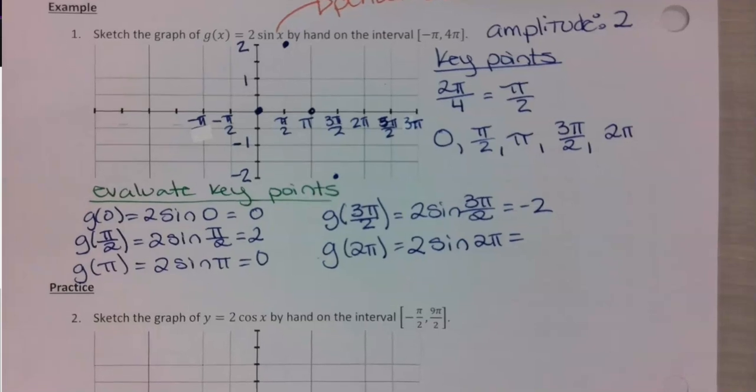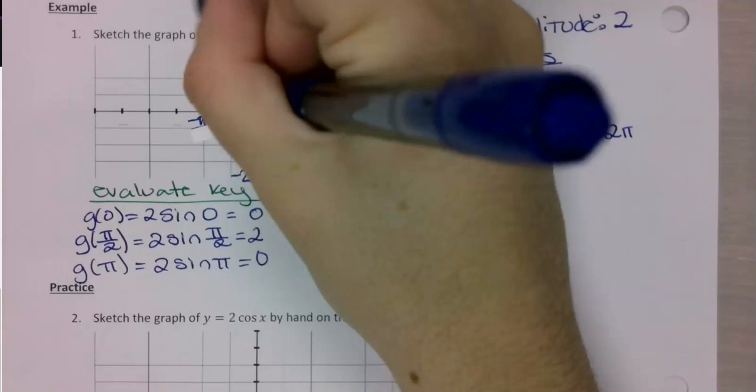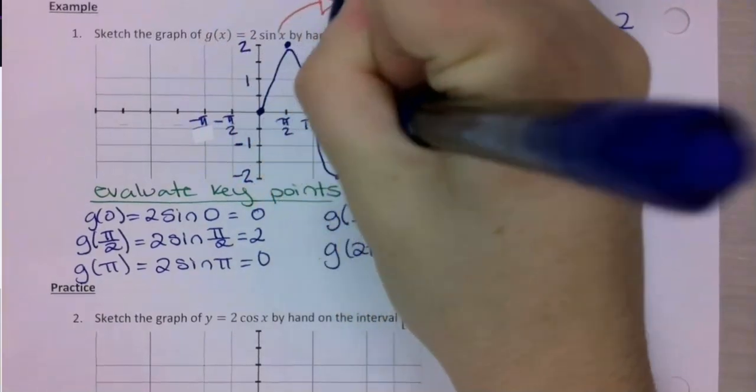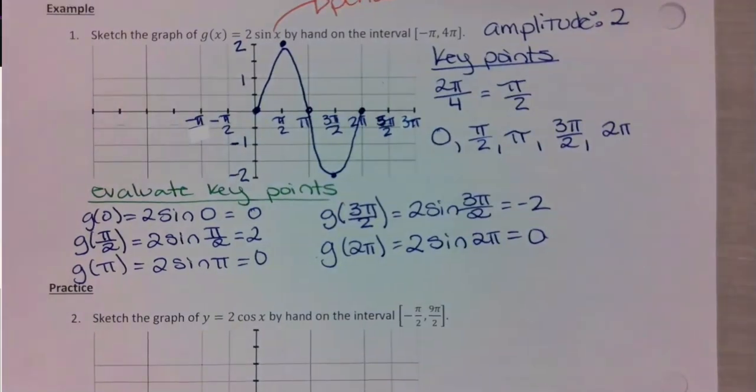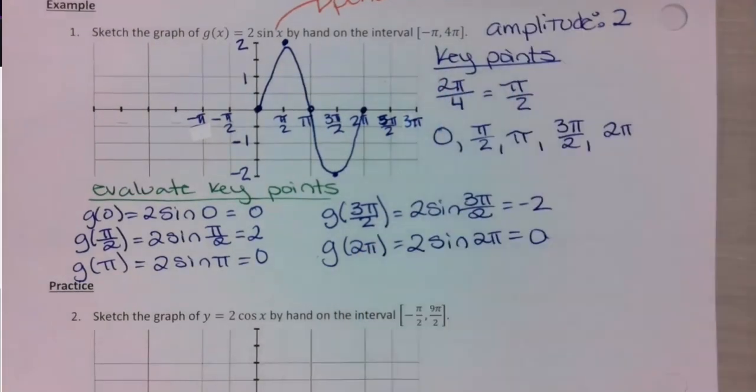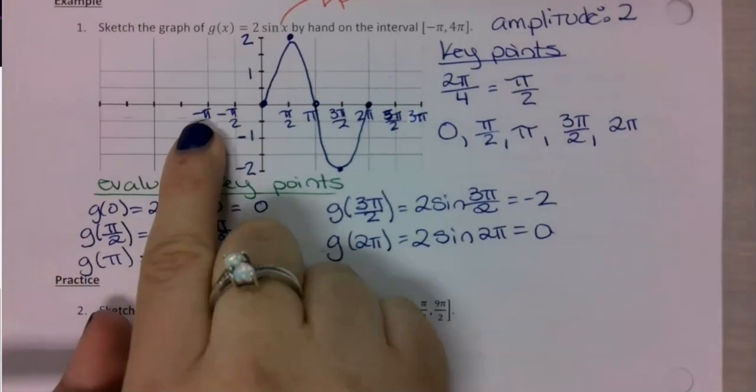So 2 pi gets us 0. Okay. But this wanted me to graph it from where to where. I wanted it between negative pi and positive 4 pi. So how do I get it to over here?